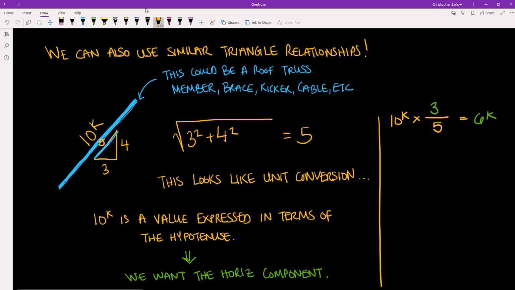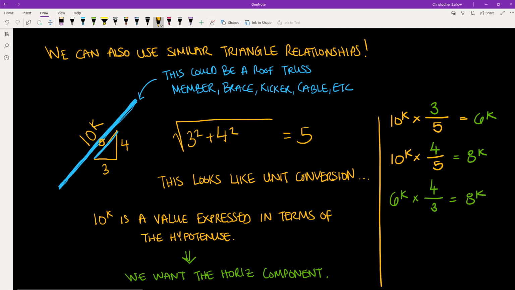Note that we could also solve very easily for the vertical component. We take 10 kips by the ratio of the hypotenuse to the vertical, which would be 4 over 5. And we would get 8 kips. Or you could even take the horizontal component, 6 kips, and multiply by a ratio of the vertical component to the horizontal component, and again, you get 8 kips.